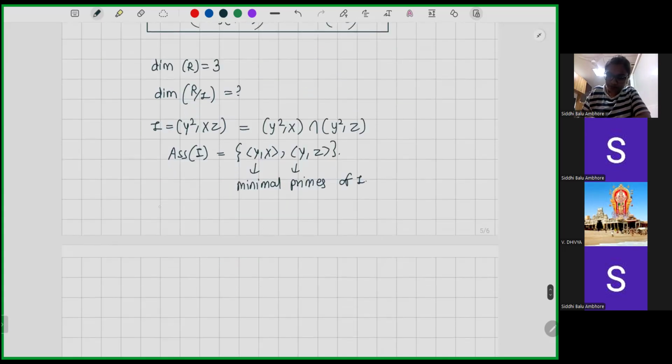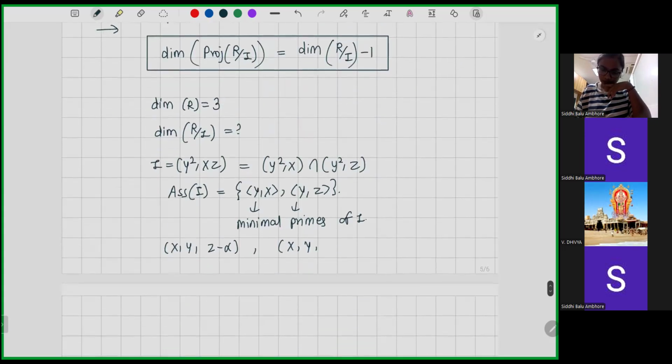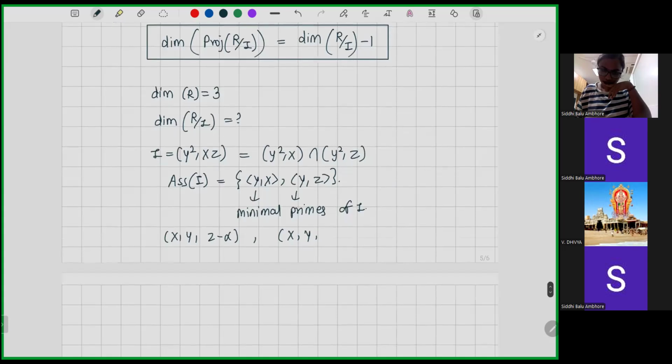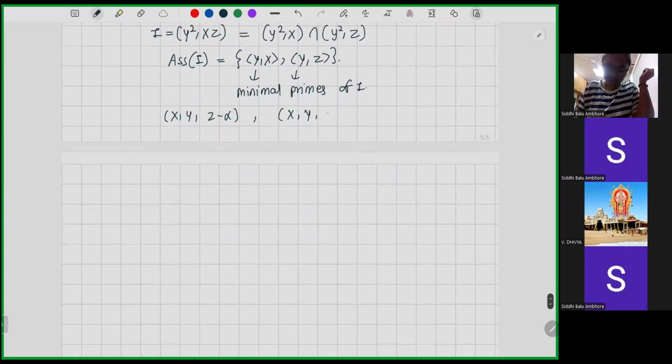It will be some (y, x, z minus alpha), or (x, y, z minus alpha), or it will be some (x, y, z minus beta).